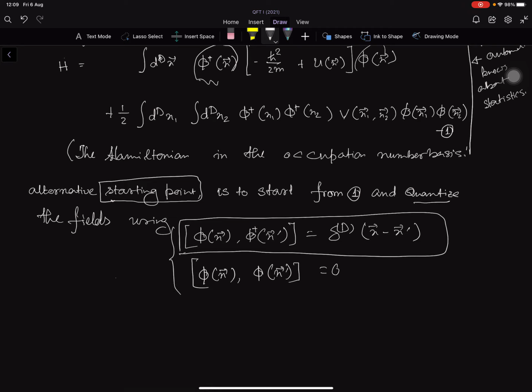And the statement is that if you start from that Hamiltonian in terms of the fields, and canonically quantize the fields, then you automatically get this multi-particle Hilbert space and all these things.